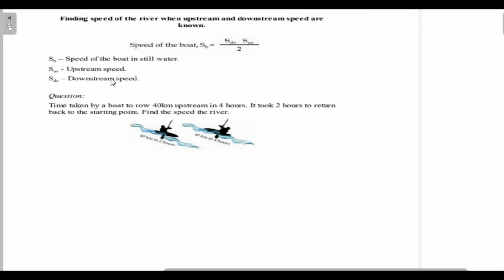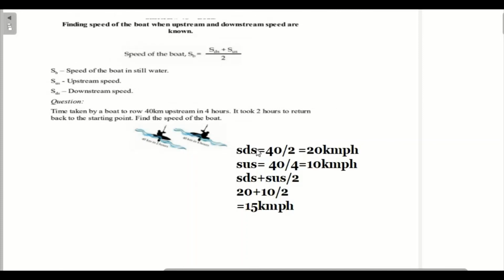So here's the problem. The speed of the boat SP is equal to the sum of the downstream and upstream speeds divided by 2. Here the boat takes 4 hours to row 40 kilometers upstream. It took 2 hours to return to the starting point. Find the speed of the river. Earlier we found the speed of the boat, but now we have to find the speed of the river.